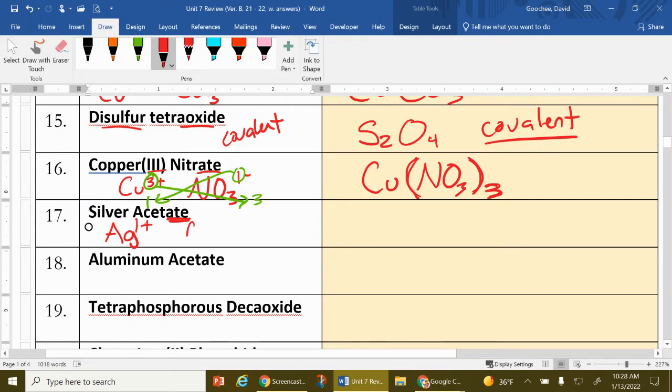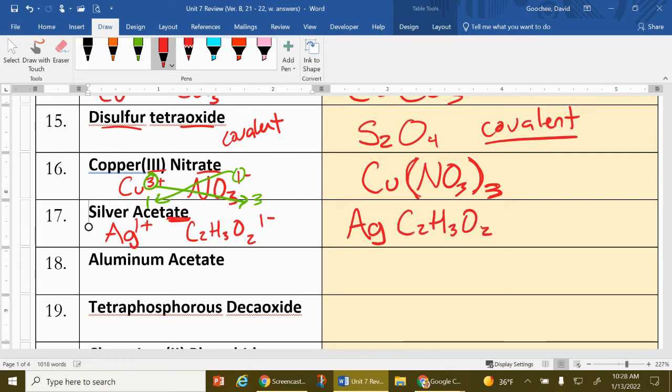C2H3O2 with a 1 minus charge. Well, silver is 1 plus, acetate is 1 minus, so you don't even need to crisscross this because they're opposites. You'll just cancel them out. So it's Ag C2H3O2. You had 1 of each.